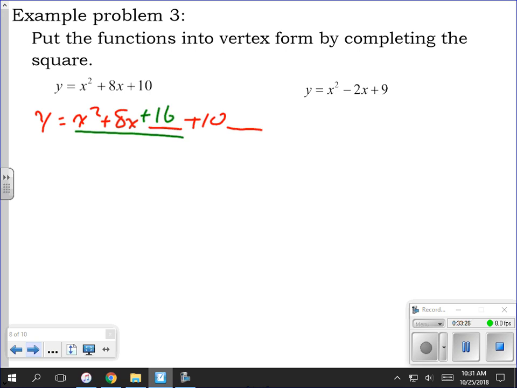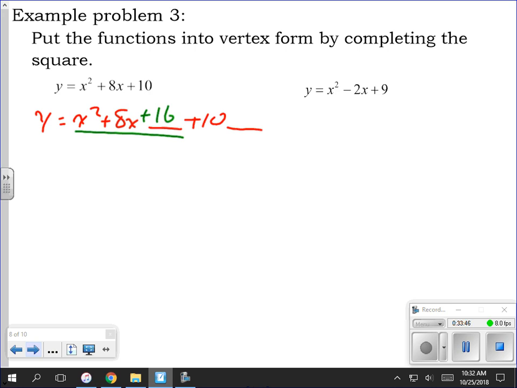Now, normally when we're dealing with equations, if I add 16 to only one side, I'm not balanced anymore, right? Normally I would add 16 to the other side. But I can work with only one side and still maintain balance.